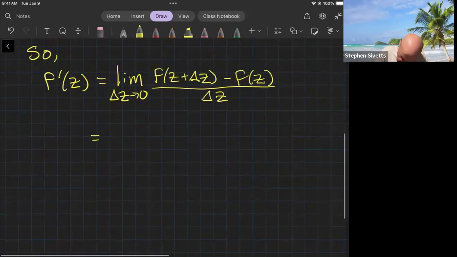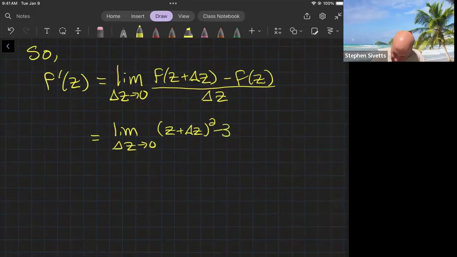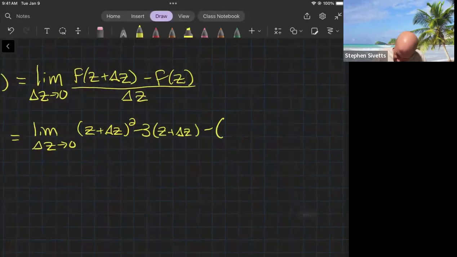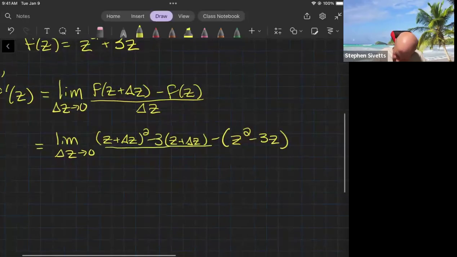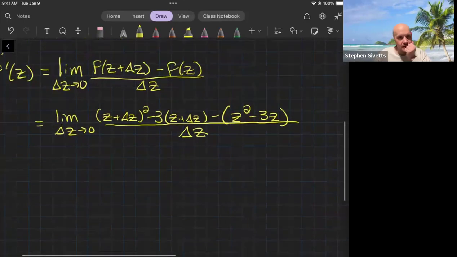This equals the limit as delta z goes to 0 of z plus delta z squared, minus 3 times z plus delta z, that's f of z plus delta z, minus z squared minus 3z, all divided by delta z.